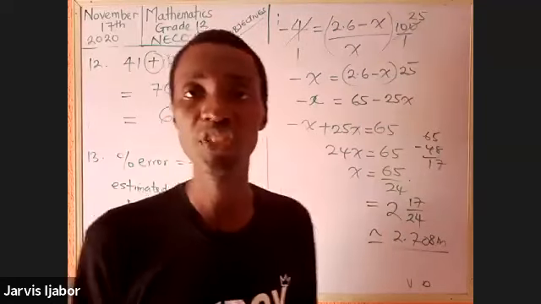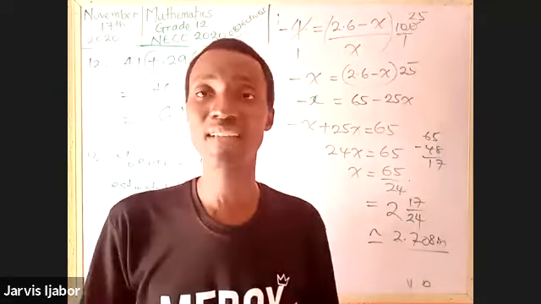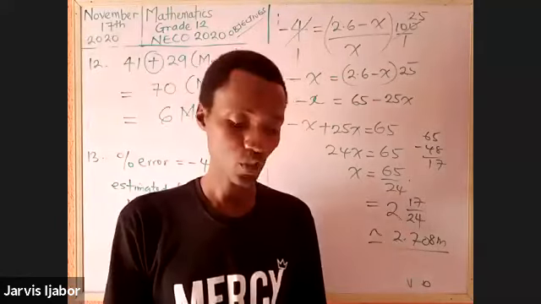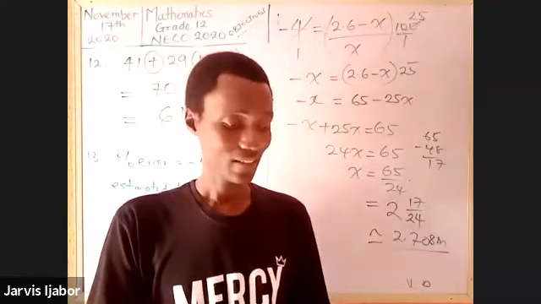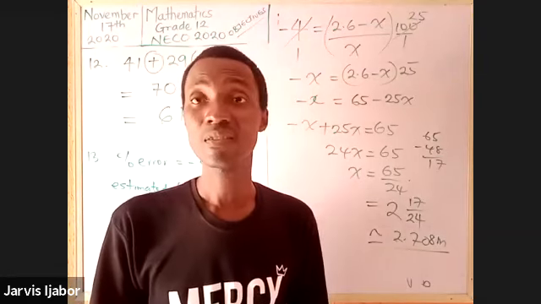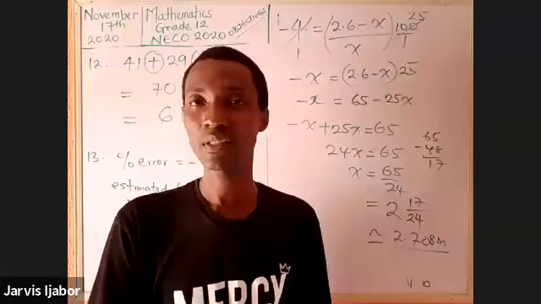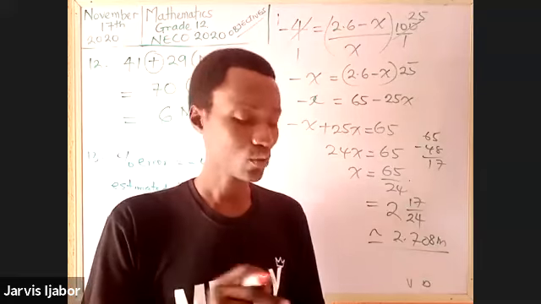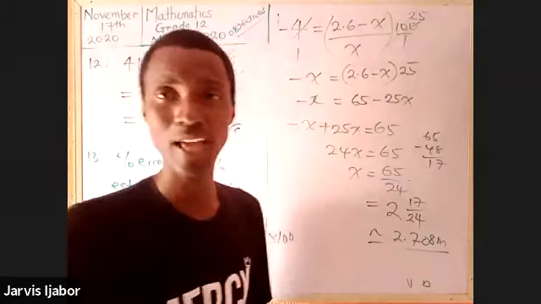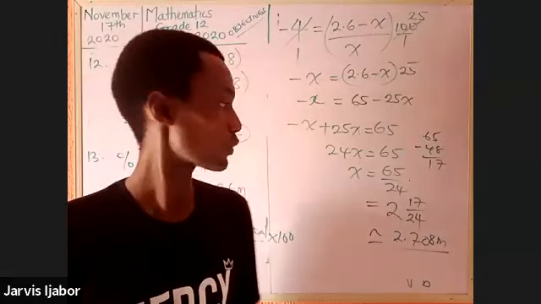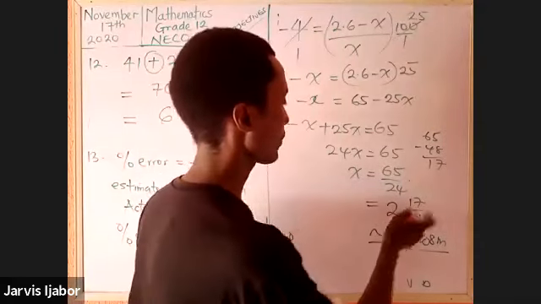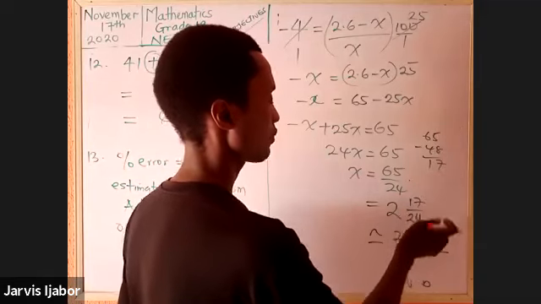Now, the good thing about OBJ is this: I do not need to get the exact value. I've looked at the options. If you watch the options carefully, all the other answers are less than 2.6. So that tells you something. The only answer that looks close to it above that is that. So that's also another way you can run fast, especially when you know what you're doing in the examination. So I'm going to get 2 whole numbers, 48 plus this. 17 times is that.